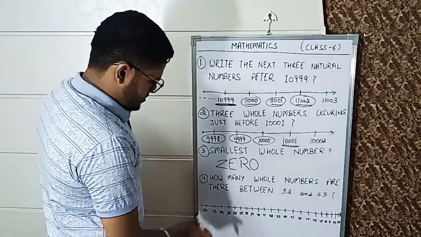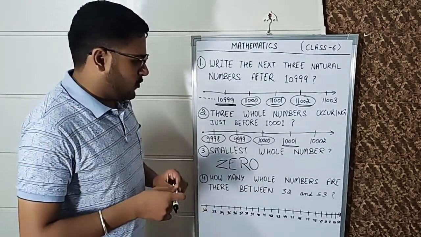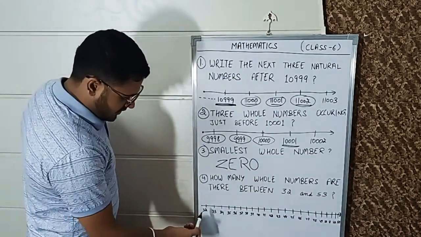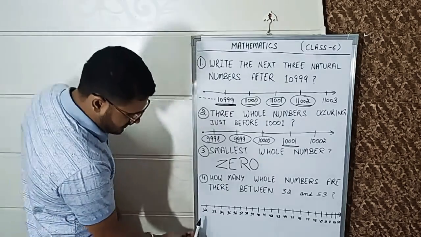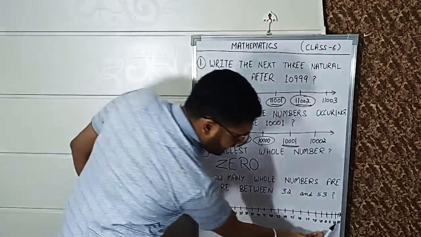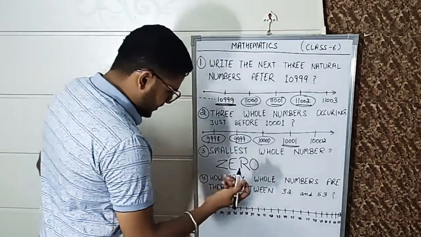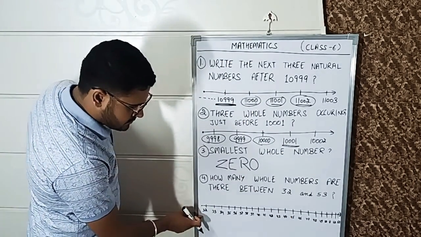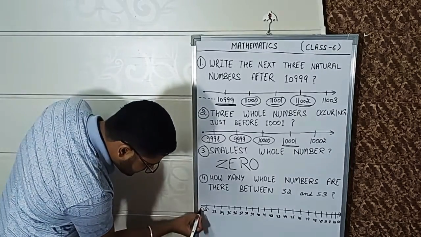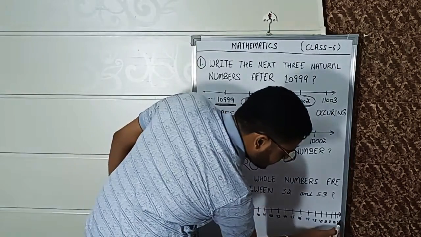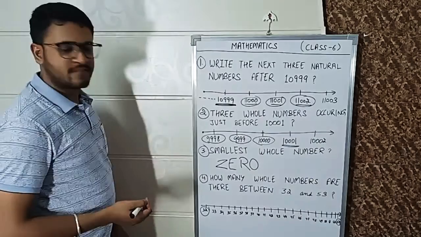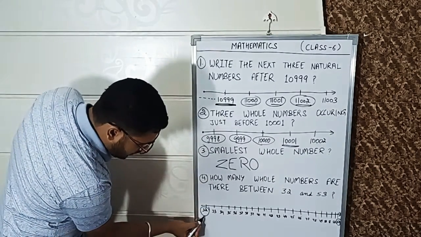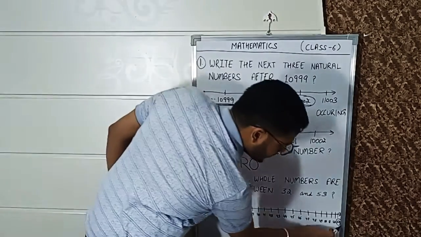Okay. Now the fourth question. How many whole numbers are there between 32 and 53? Again we will draw the number line containing the numbers 32 and 53. After drawing this number line, we will count the numbers between 32 and 53. The point to be noted is we will not count the number 32 and the number 53.